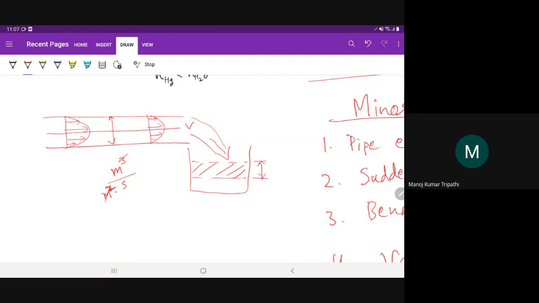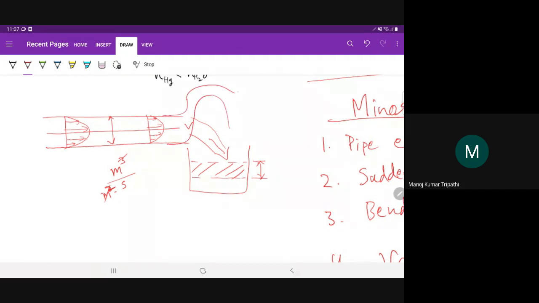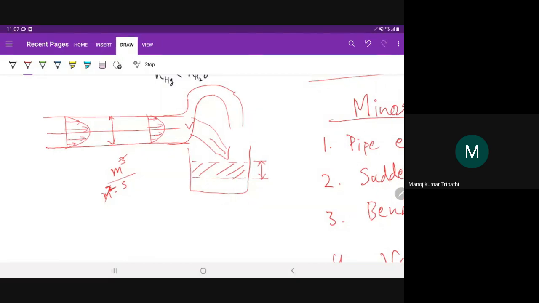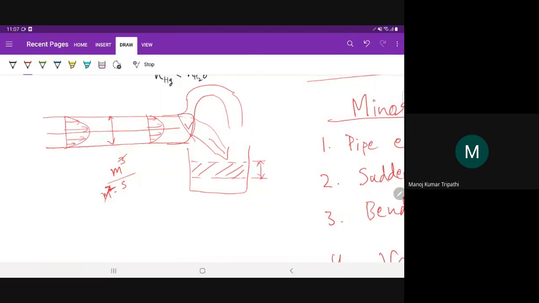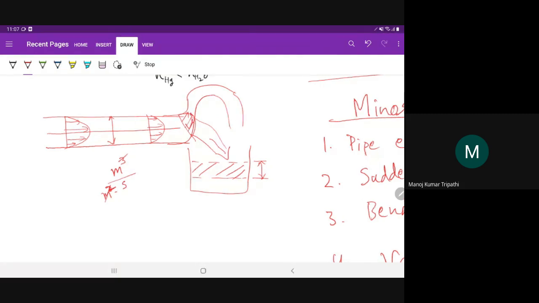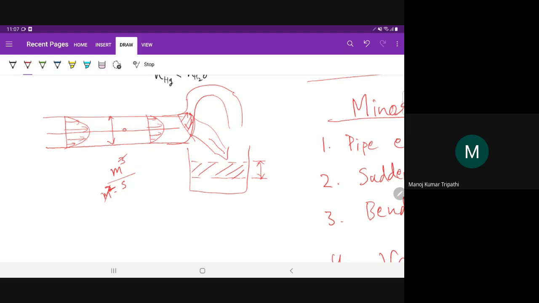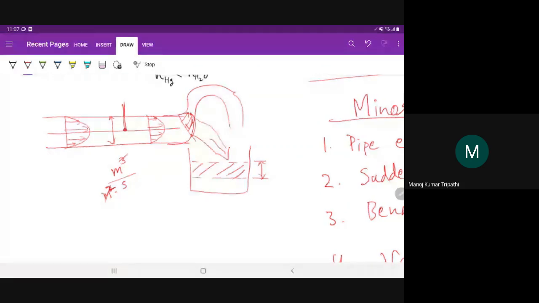Also, if there are bends in the tube, then this velocity profile will be different. Okay. The maximum in the velocity will not be exactly at the center. It may be shifted somewhere else. So even if you want to use a probe, let's say, to measure the velocity at a point here, and you want to drill a hole and put a probe like that, even then we are not sure whether we are measuring the actual center line velocity or something else.